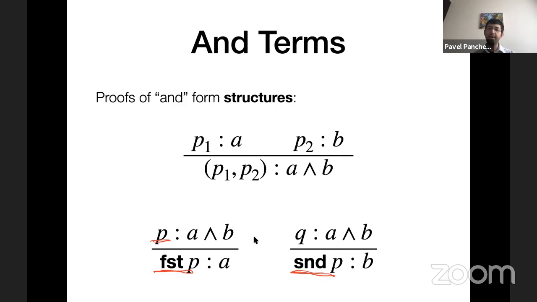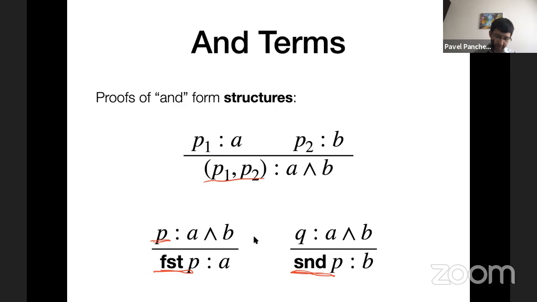So again, this is just coming up with notation for writing down proofs. I've basically picked up one piece of notation for every rule that I've written down for proofs. And if you want, you can think of proofs of and as being a kind of structure with 2 elements, like a C structure, like a pair, or like a Python tuple, right?